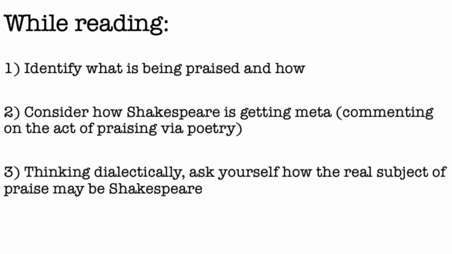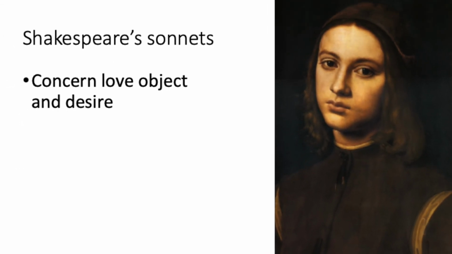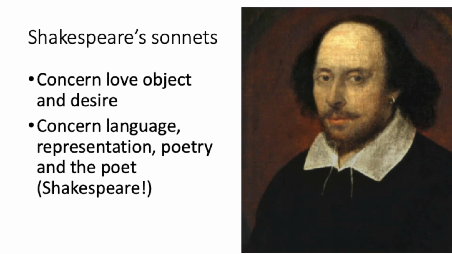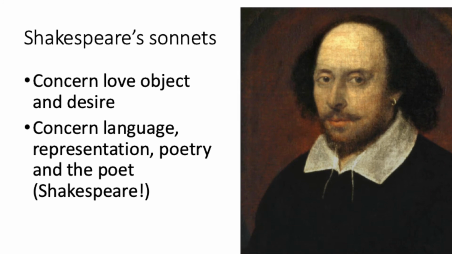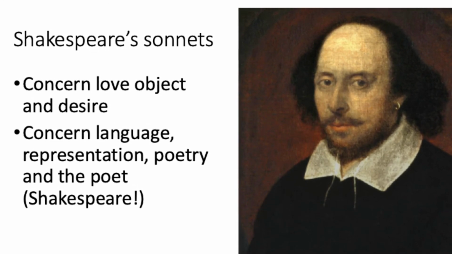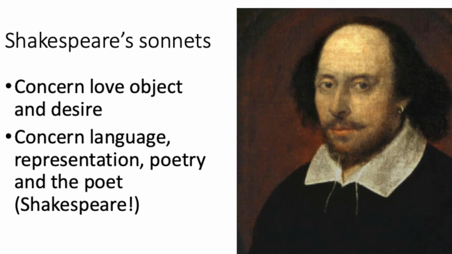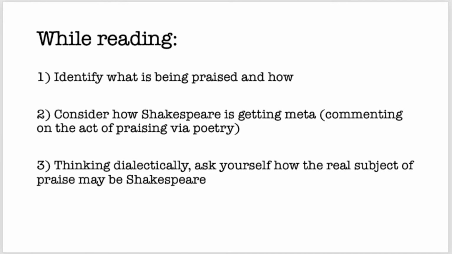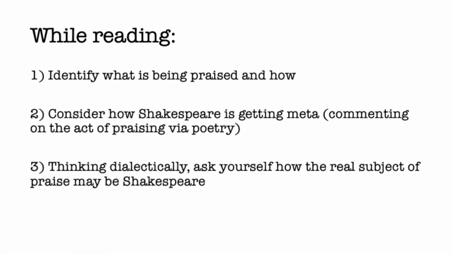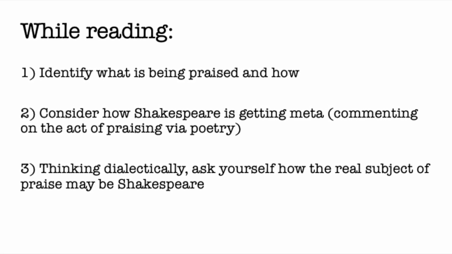Then ask yourself how the topic of the sonnet isn't just the person being praised, but the act of making a sonnet, of using poetry to praise. In what ways does the sonnet concern representation itself? Then, thinking dialectically, ask yourself how we can switch things around. How, in other words, does Shakespeare praise himself as a poet?